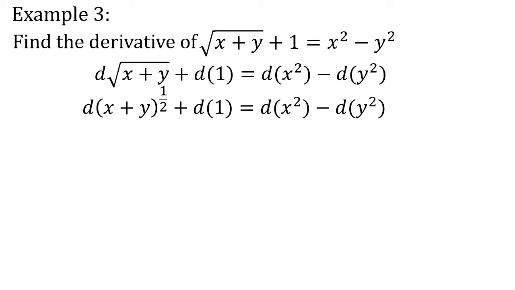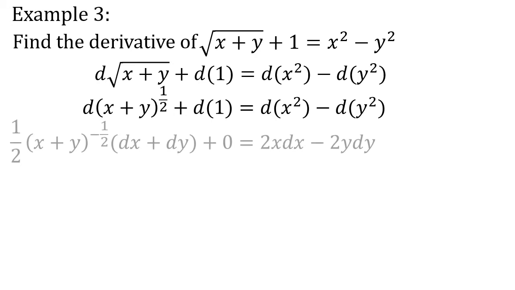In this first term, we are going to apply the general power rule. So the derivative of x plus y raised to 1/2 is 1/2 times x plus y raised to negative 1/2 times dx plus dy. Dx plus dy is the derivative of x plus y.